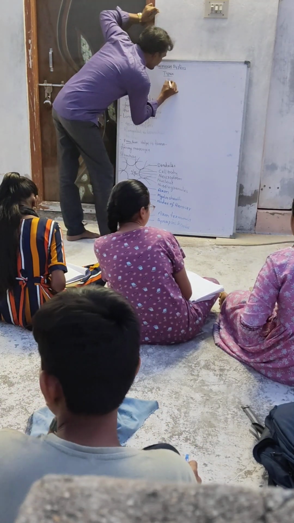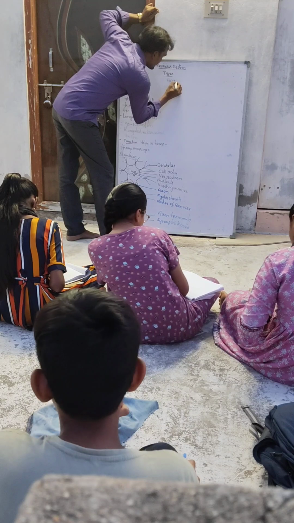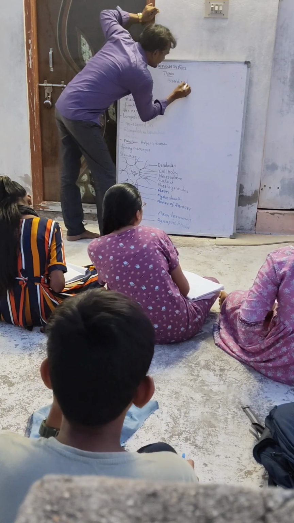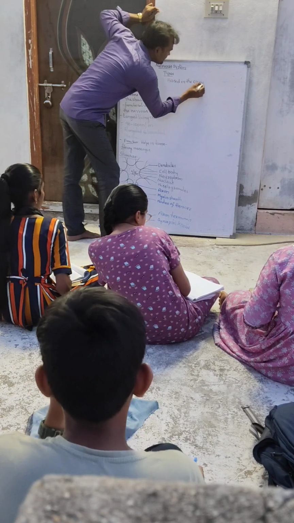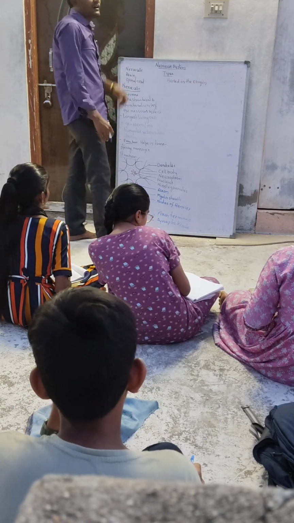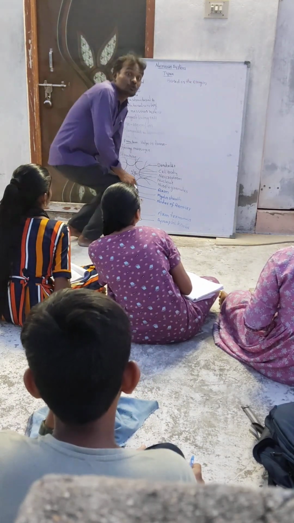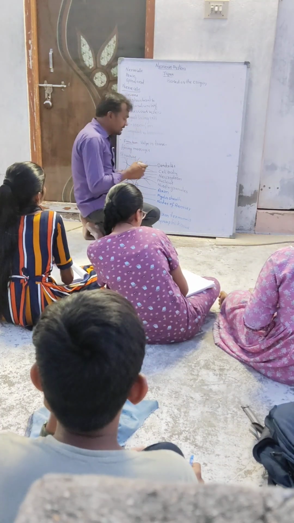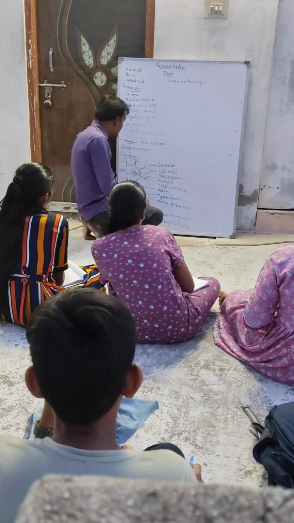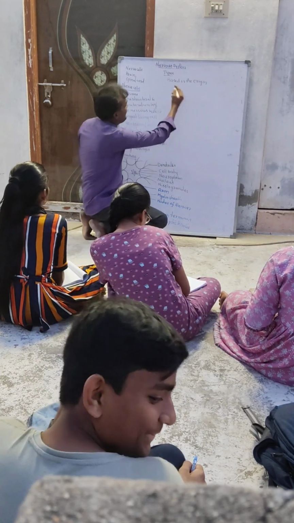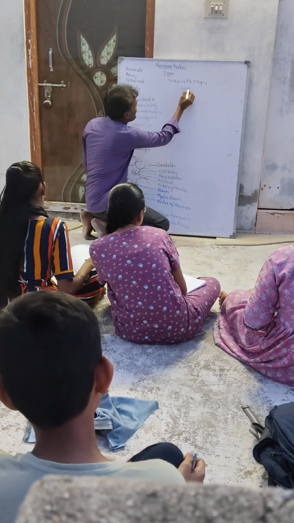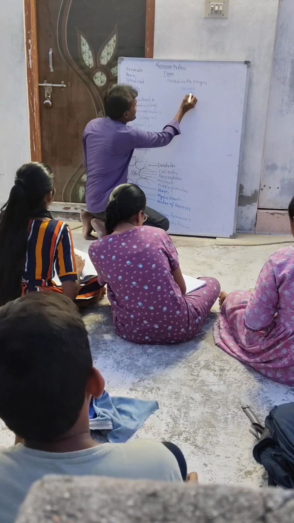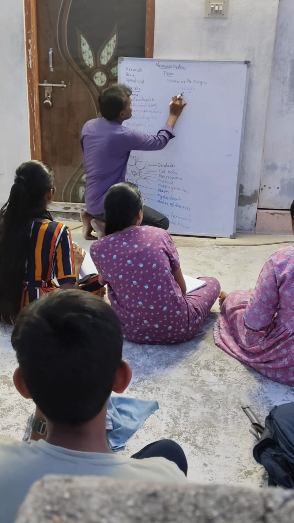Based on the origin, which means development, nerve cells are divided into two types.